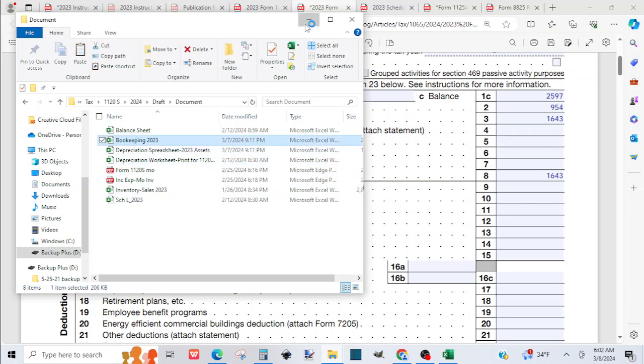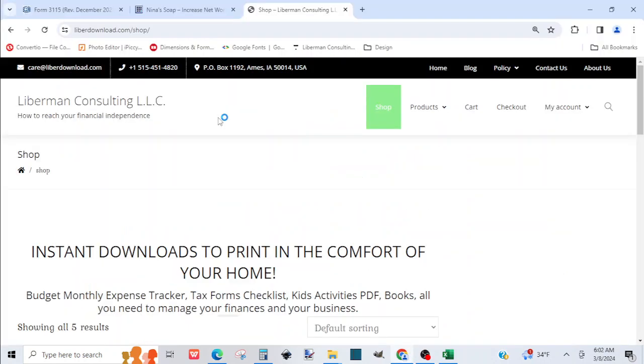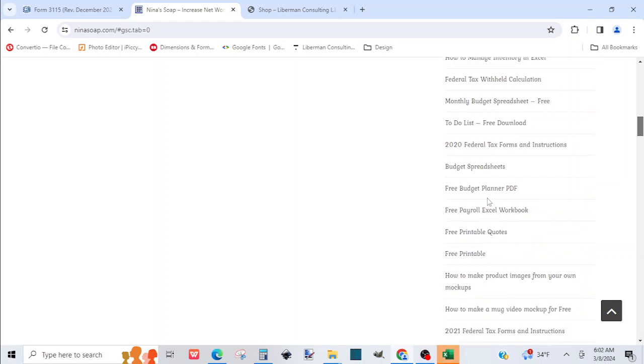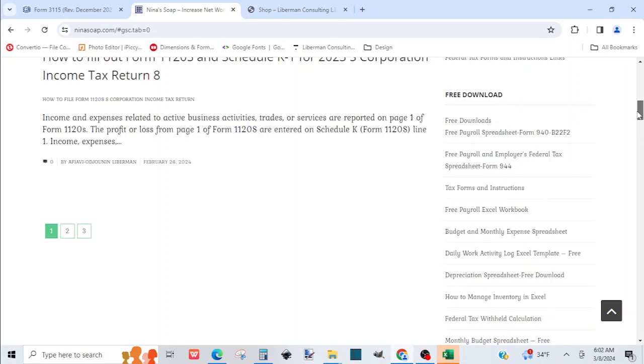I'm going to open the example journal here, but at ninasoap.com, under free download, we do have multiple payroll options to choose from, and the free payroll spreadsheet can allow you to track your payroll, to file Form 940, Form 944, Form 941, and to file W2 and W3 with SSA, Social Security Administration.